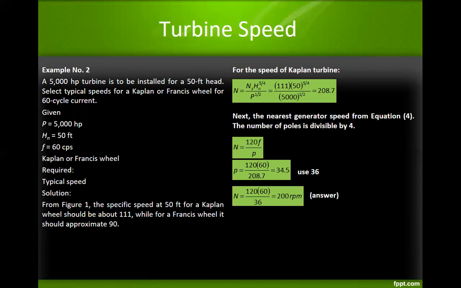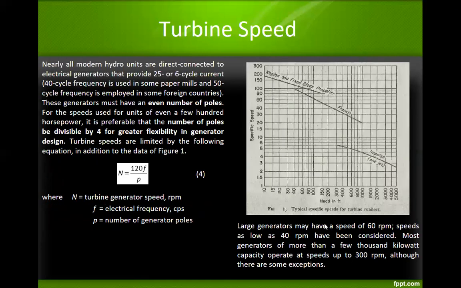Solution. From figure 1, the specific speed for 50 feet for Kaplan wheel should be about 111. Hanapin mo yung 50, hanapin mo yung Kaplan, that is 111. Huwag niyo nang i-drawing to, figure na yan. Hilig niyong mag-drawing.